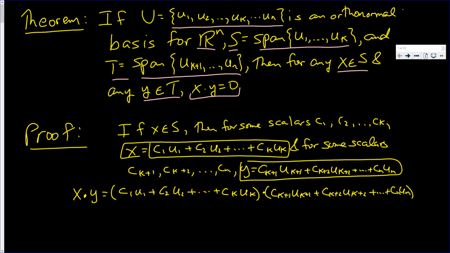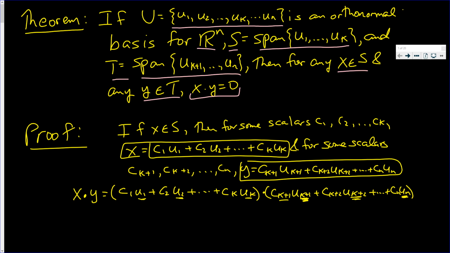Now notice, the subscripts of the U in the x vector only go from 1 to k. In the y vector, they're all bigger than k. They go from k plus 1 up to n.